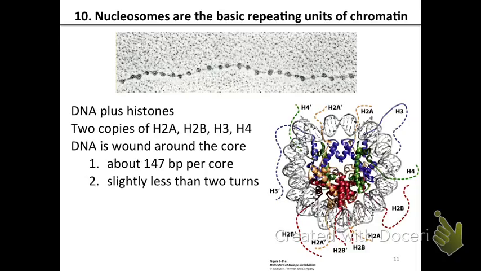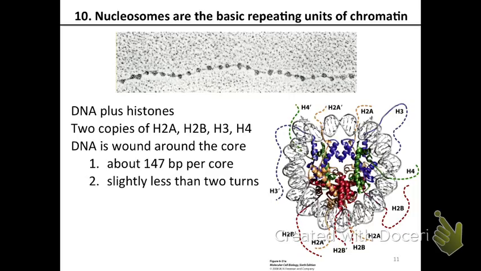Then the DNA wraps around that structure about 1.8 turns. The length of the DNA that wraps around it is about 147 base pairs.